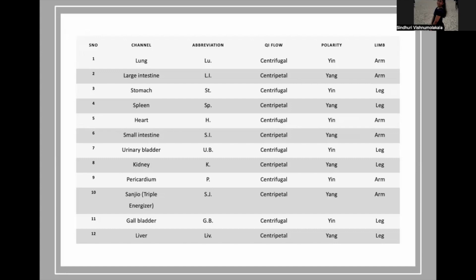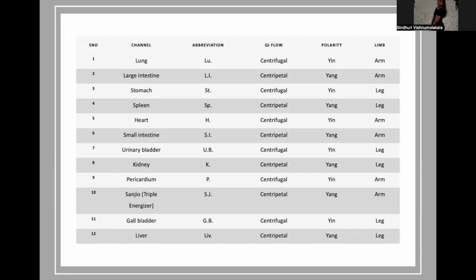Now, moving on to the foot, the three yang channels of the foot are stomach, urinary bladder, gallbladder.